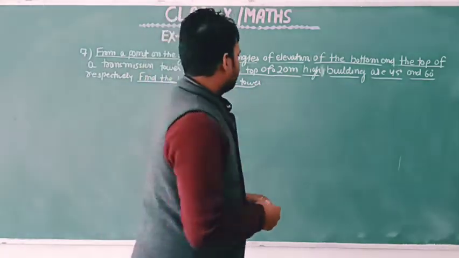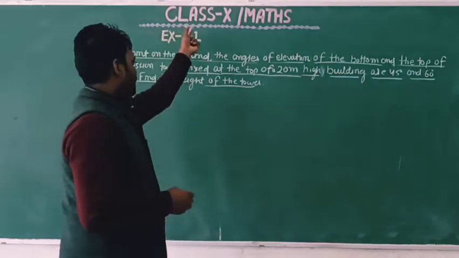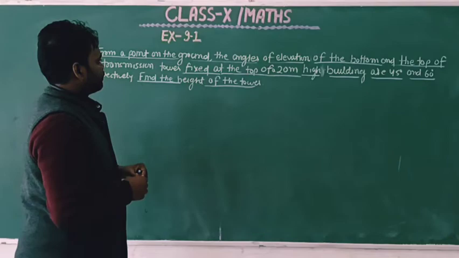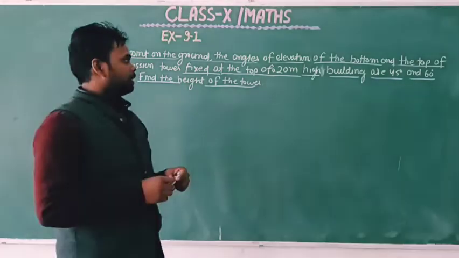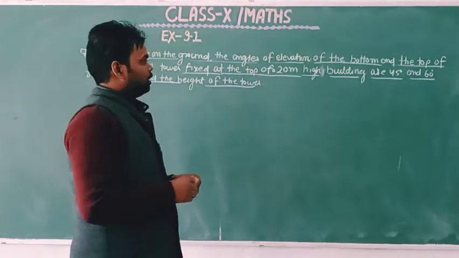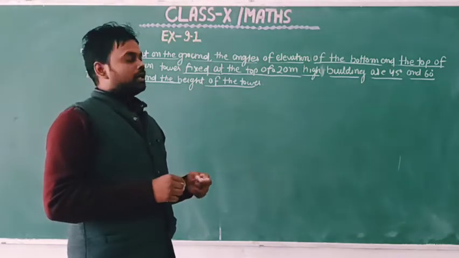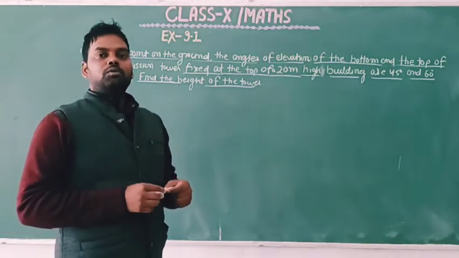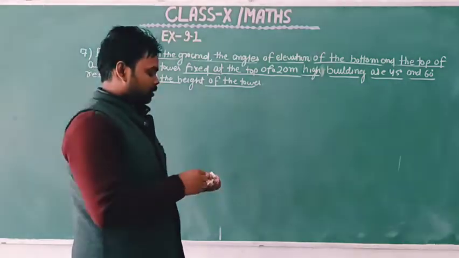So dear children, to find the height of a tower which is placed on a 20-meter high building, first draw a simple diagram to represent the problem.